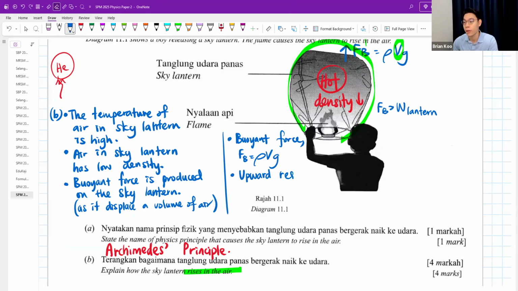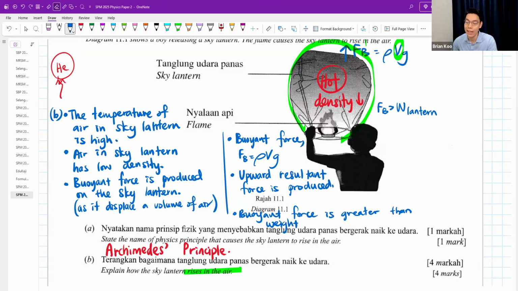Upward resultant force is produced. Why? Because buoyant force is greater than weight of sky lantern.